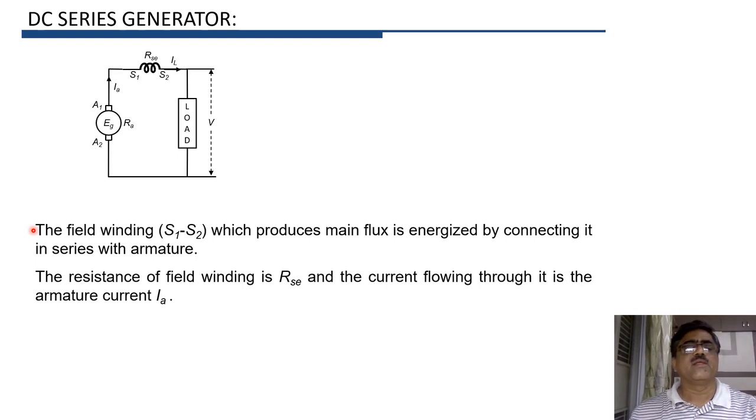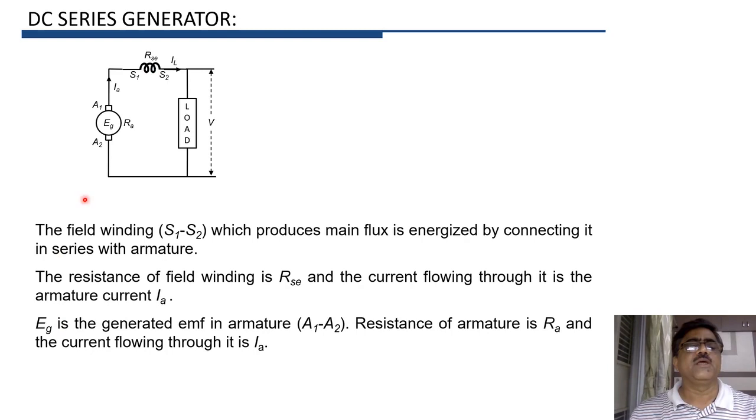So here the resistance of series field winding is RSE and current through it is IA, or you can say IL, because all are connected in series.